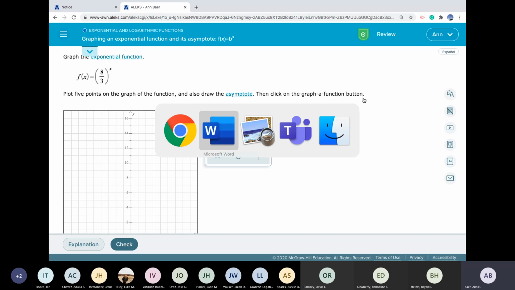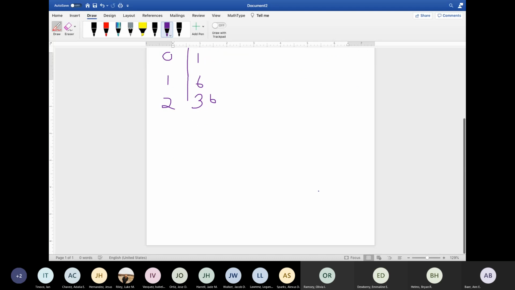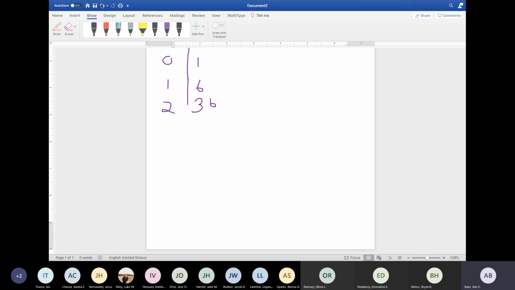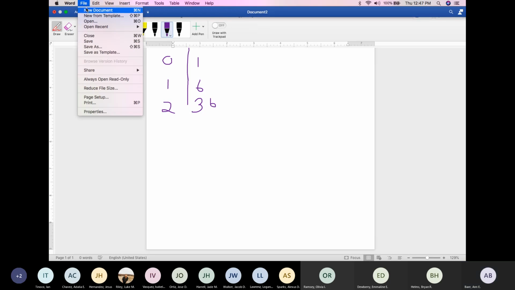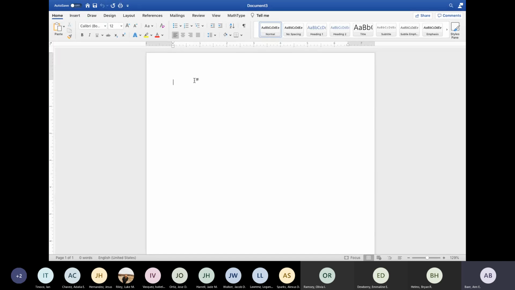So let's go back down to Word here. And this time, let me add a page, a new page for this one. So let's take a look at this one. We want a t-table here.